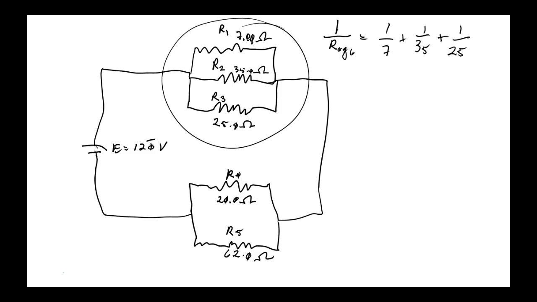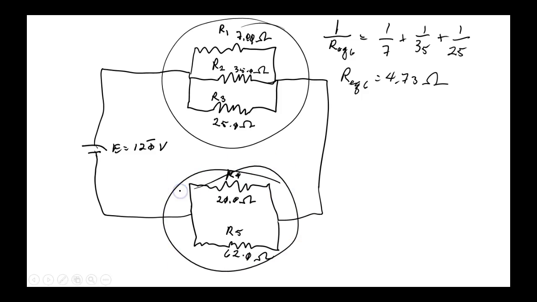Maybe not a lot less than 7, but somewhat less than 7. 4.73. I got 4.73. That sounds reasonable. I was going to guess around 5. So R, the equivalent resistance, and we'll call that number 6, is 4.73 ohms. Okay? Well, we do the same thing down here.